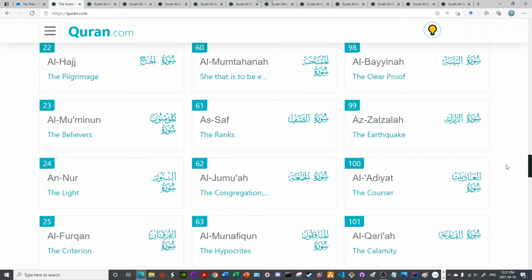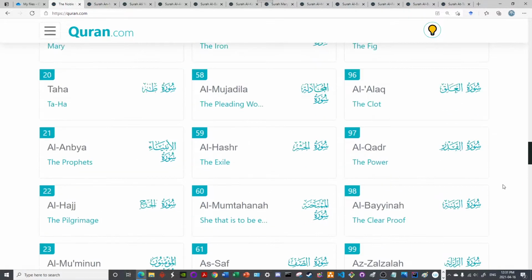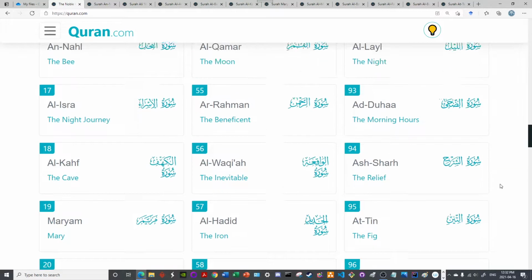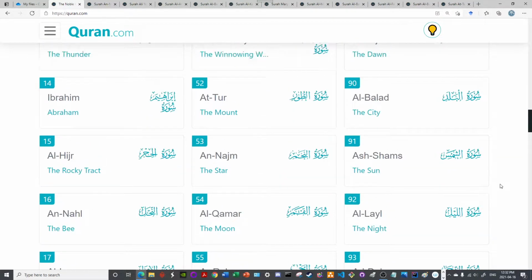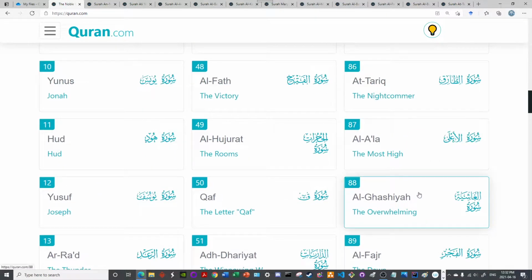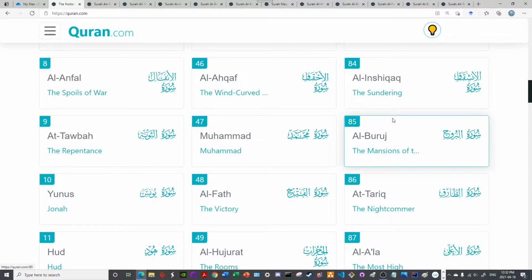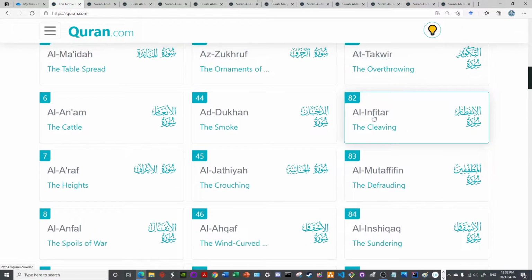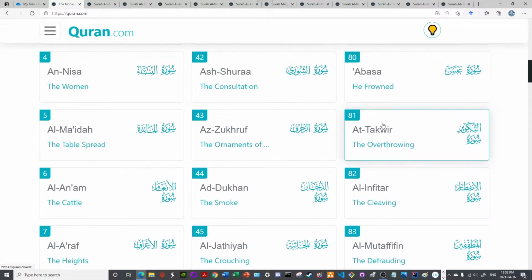And if you'd like to read more about these cosmic transformations, let's see, where was the contents? You can read Zalzala, the earthquake. You can read the Qari'ah. You can read, where is it? Al-Ghashiyah. Oh, actually, this is about the Day of Judgment before the earth is destroyed. The sundering, Al-Inshiqaq. The cleaving, Al-Infitar.